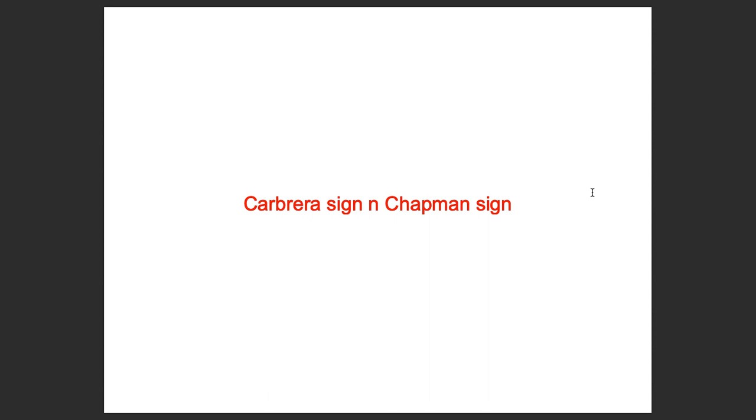Has anyone come across these signs? Chapman sign, Cabrera sign. Sorry, maybe it's because of the sensitivity. Good. So these are again signs of myocardial infarction when there is an associated left bundle branch block.